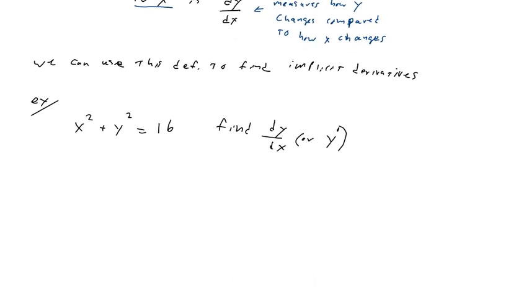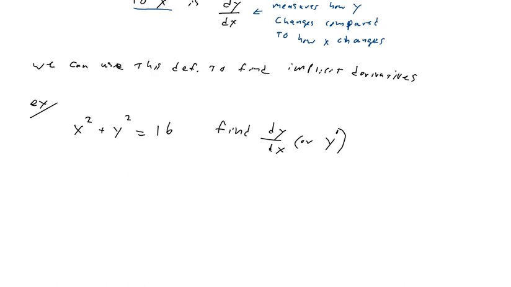Well, every time we've done a derivative so far, we've taken an equation and just done the derivative of it. We're going to do that same thing here. For this equation, we're just going to take the derivative with respect to x.